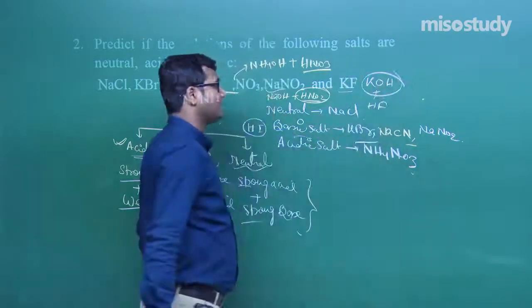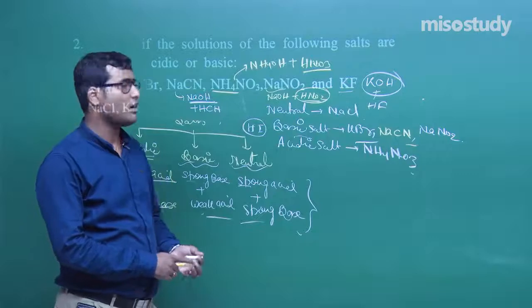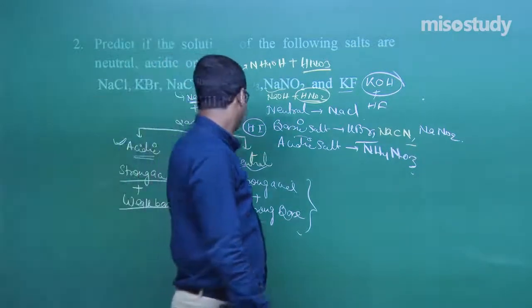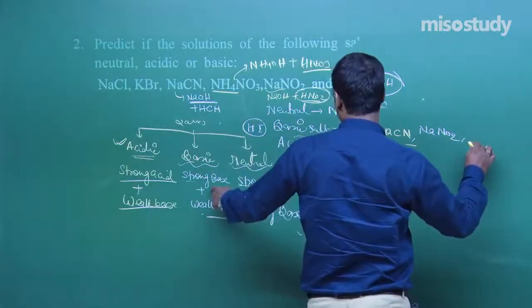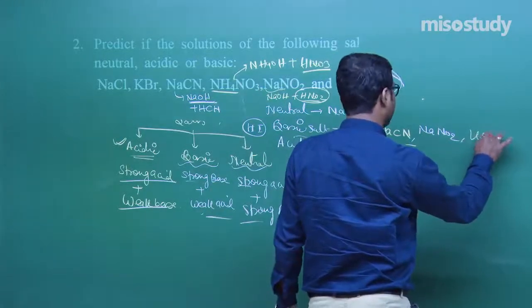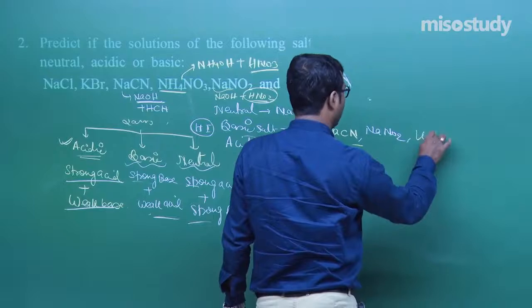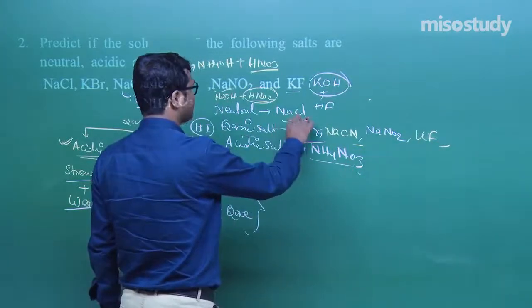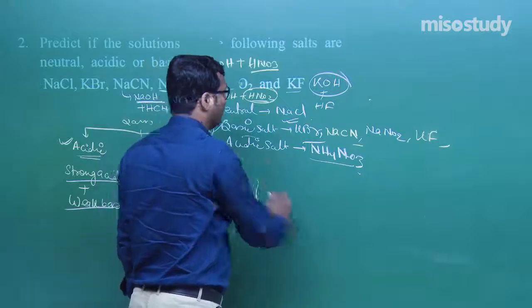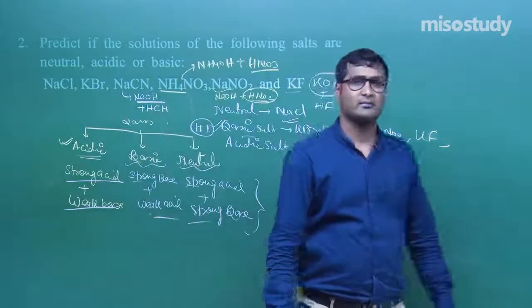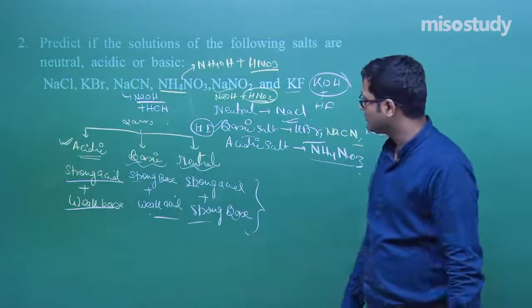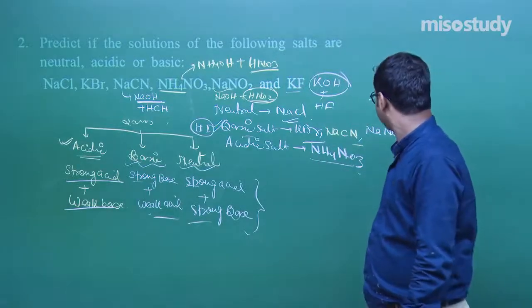KOH is a strong base but HF is not a strong acid. So the answer will be basic salt, that is KF. Acidic salt is NH4NO3, neutral salt is NaCl, and the rest are basic salts. Am I right?